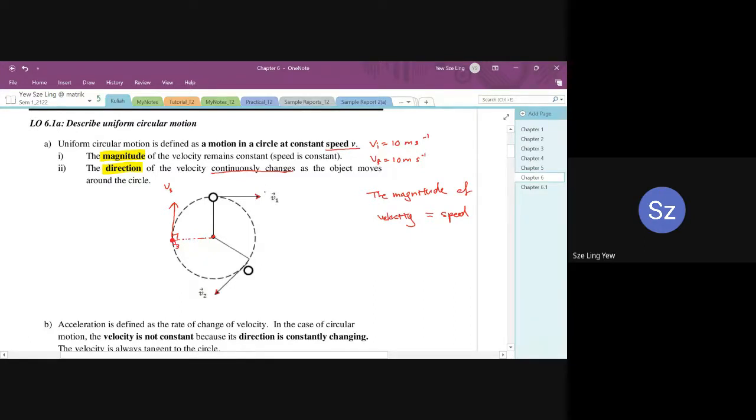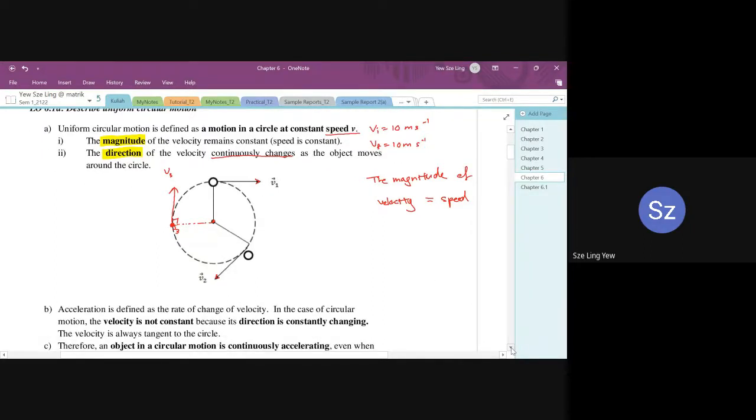That is uniform circular motion. If the question asks you to identify which situation given is uniform circular motion, which object is moving with uniform circular motion, then you look for the keywords: constant speed and direction continuously changes.